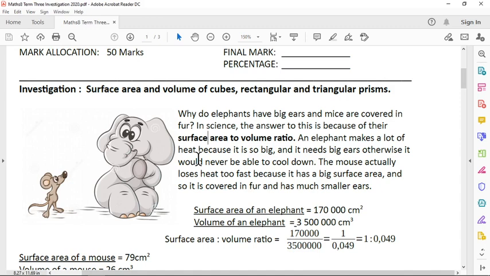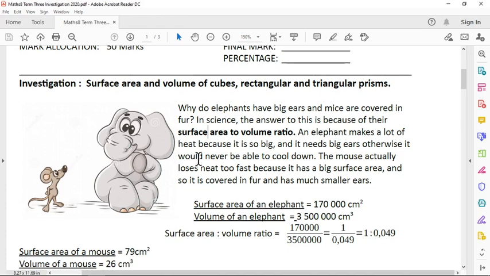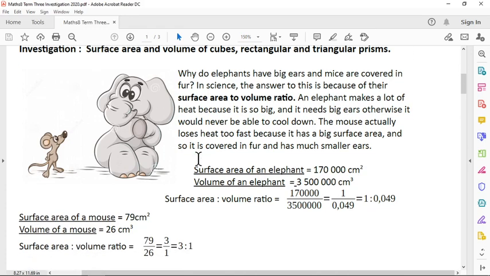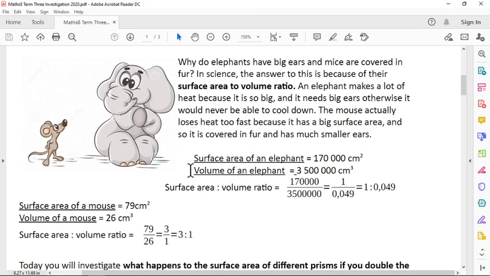And elephants don't. So this is one of the things that I want you to think about with surface area and volume. Why would we even be interested in surface area and volume? And one of the reasons is because it's what happens in nature. And I like nature, and I like elephants and mice. I actually like mice more than I like elephants.